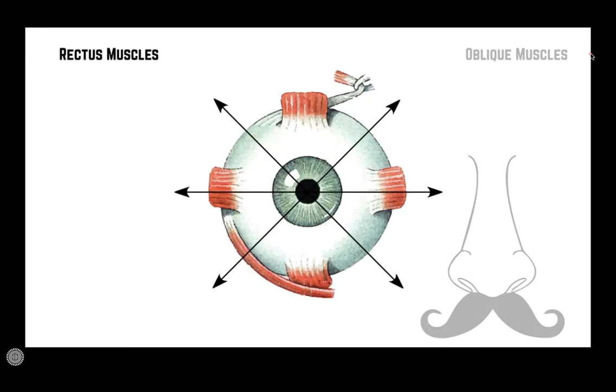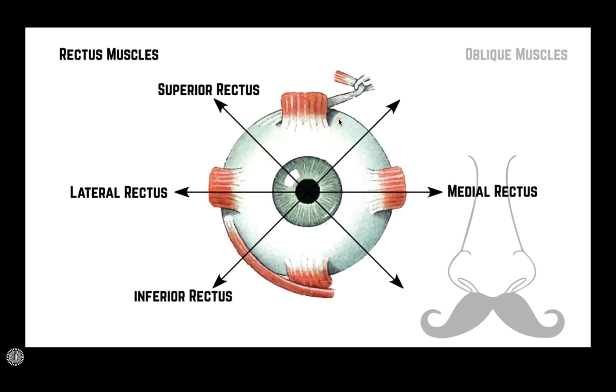And basically, you've got two sets of muscles here. You've got the recti muscles, and you have the oblique muscles. Recti are a little more straightforward. Lateral rectus creates lateral movement of the eye, and the medial. Remember, we learned that the lateral rectus in the vestibulo-ocular reflex is the master, and the medial rectus was the slave.